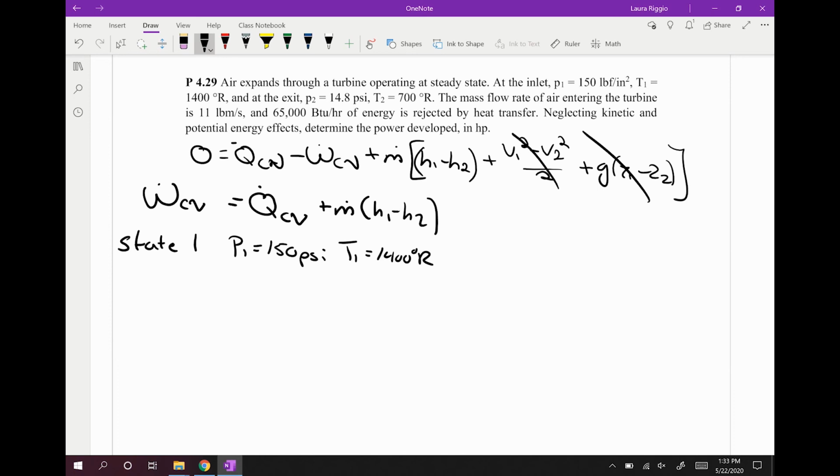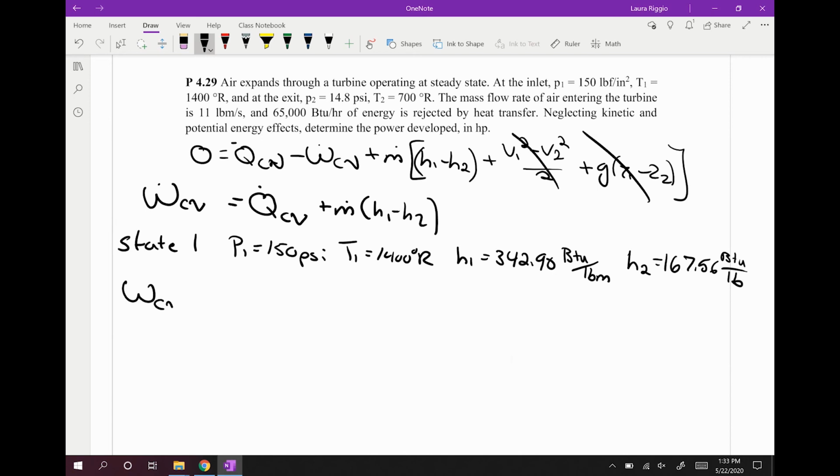Assuming the ideal gas law, we get H1 is equal to 342.9 BTUs per pound. We get H2 is equal to 167.56 BTUs per pound. I just looked up my temperatures in my ideal gas table of A22E.